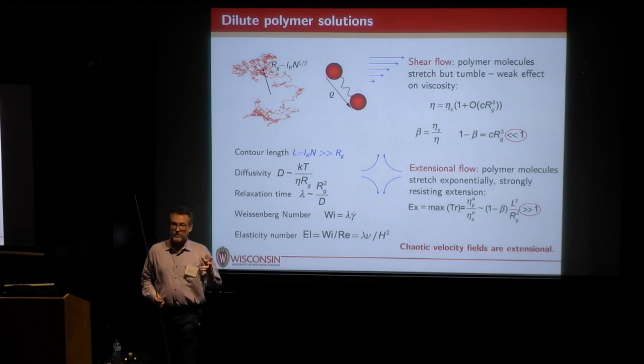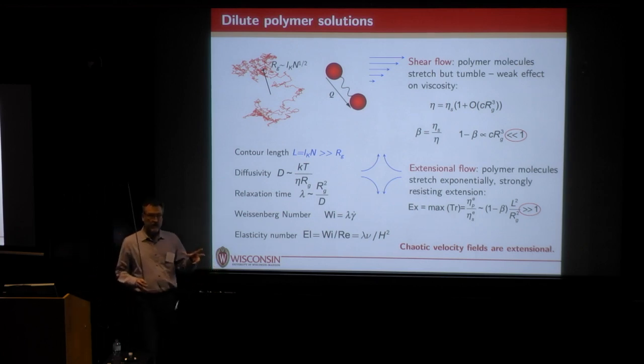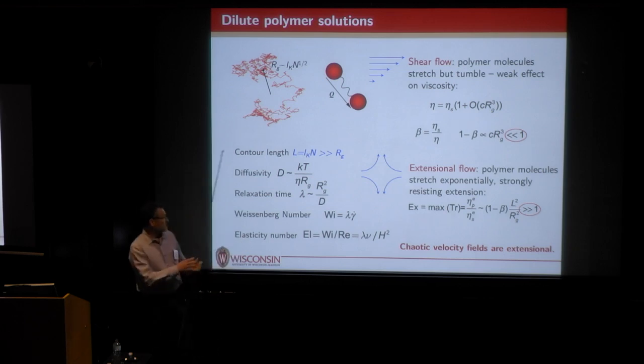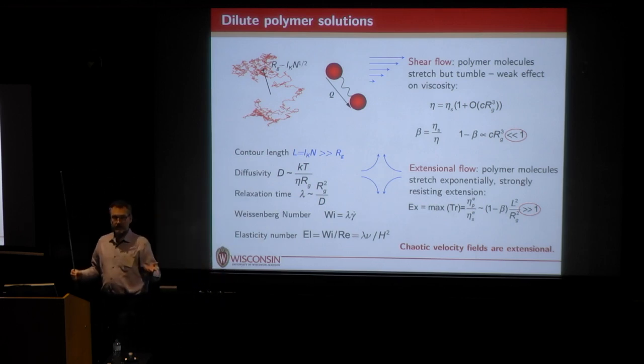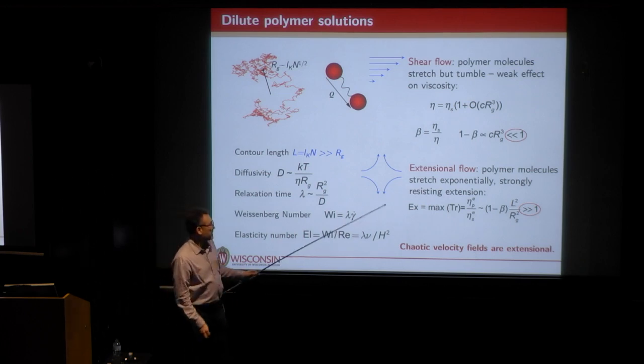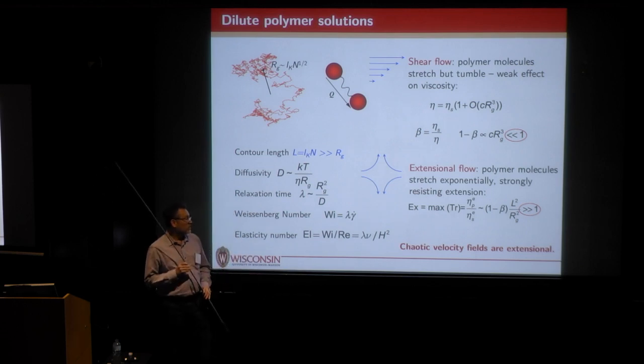Extensional flow is another situation. In an extensional flow, material lines stretch exponentially fast. If the polymer molecule is long enough, if its relaxation time is large enough, then the molecule will stretch exponentially fast as well until it reaches its full extension. There's a characterization of the extensional viscosity of the polymer molecule.